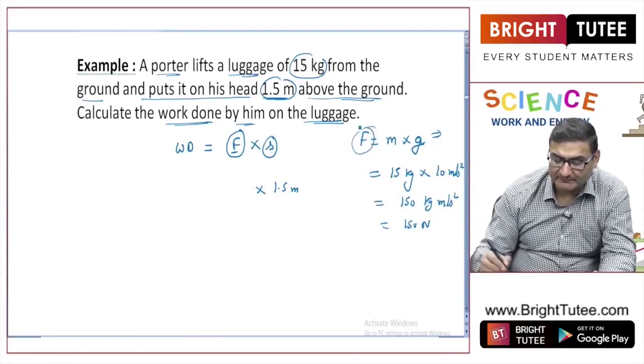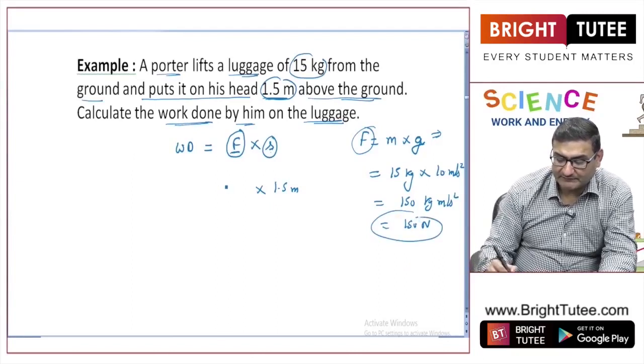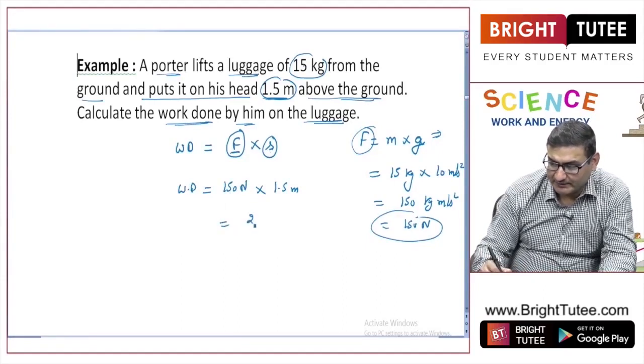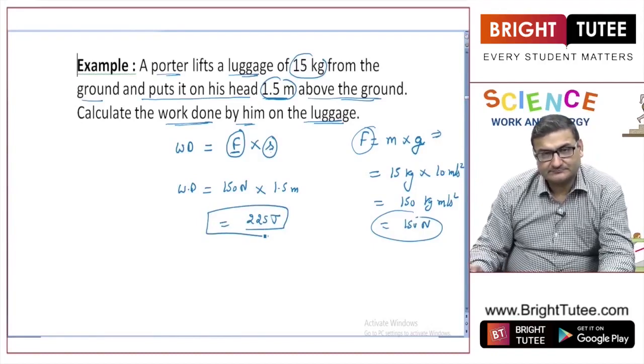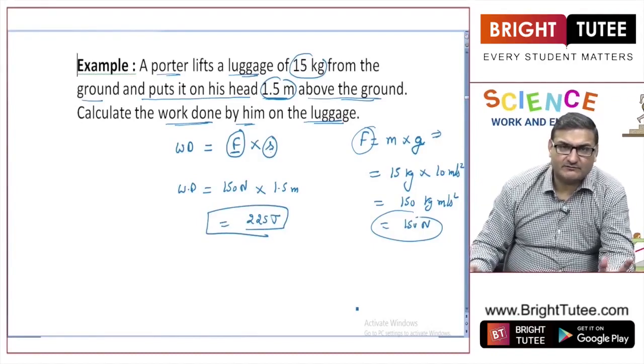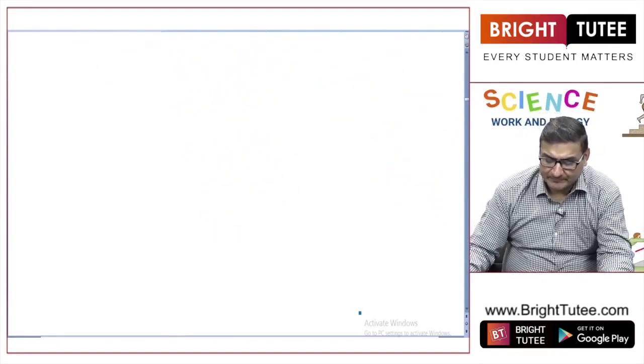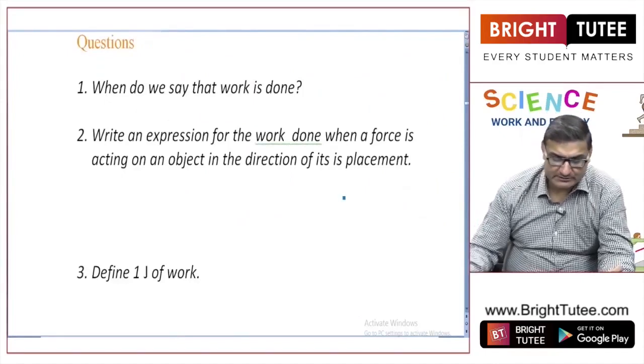So now I have the value of force. Putting this value of force, 150 Newton, in the formula, I can calculate my work done, which comes out to be 225 joule. Answer. Simple, right? We just need to first calculate the value of force. Okay. Now let us see a few more questions.